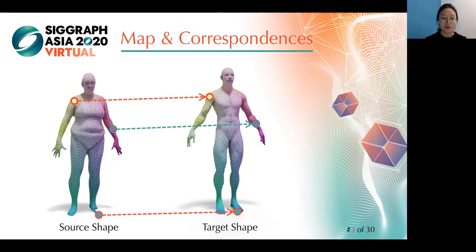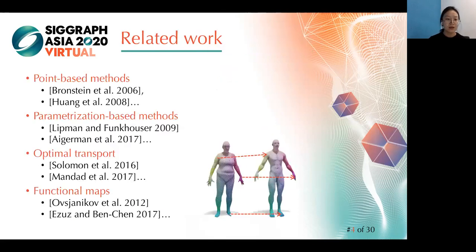The color shown on the source shape uses the pullback of the color on the target shape. Simply speaking, if two vertices correspond to each other, they will have the same color. There are a lot of existing methods to compute a map between two shapes. For example, point-based methods try to minimize some energy defined on the points, such as the approximate preservation of geodesic distances.